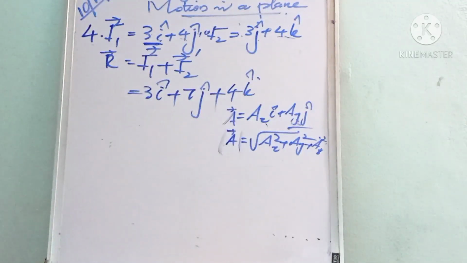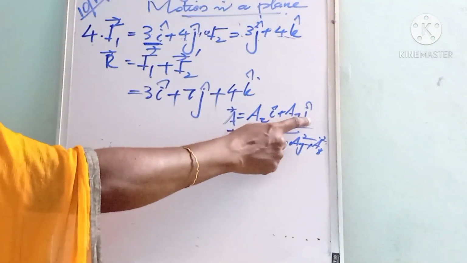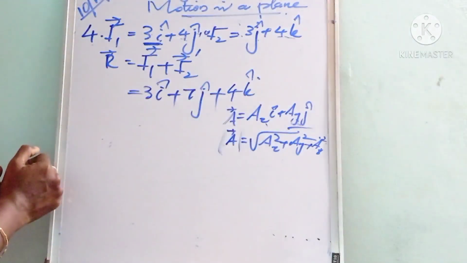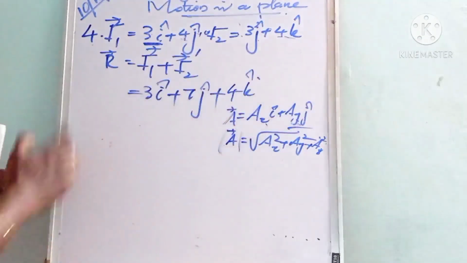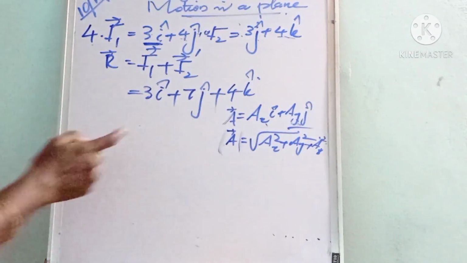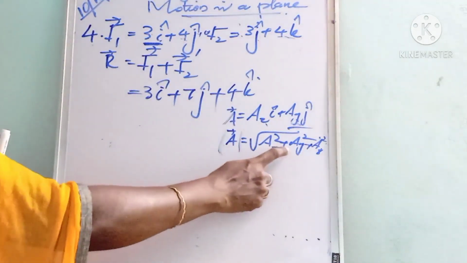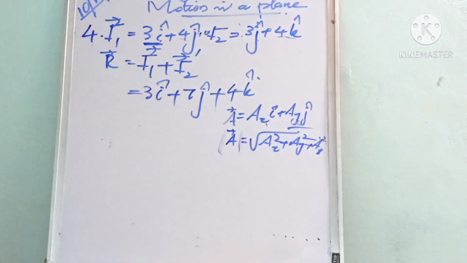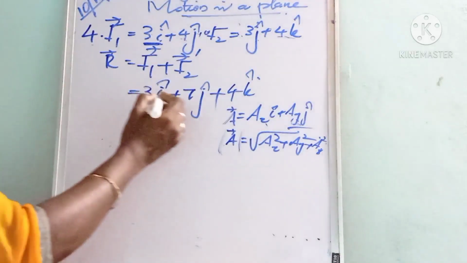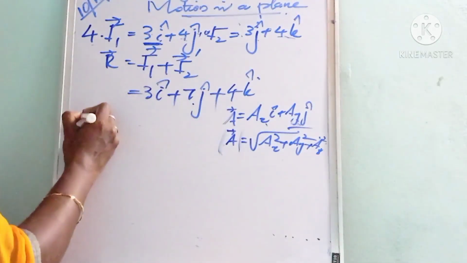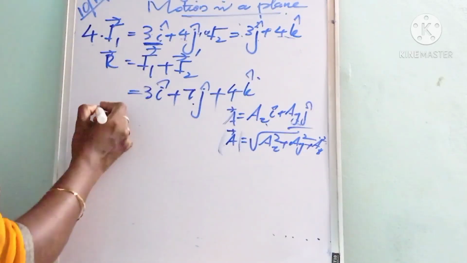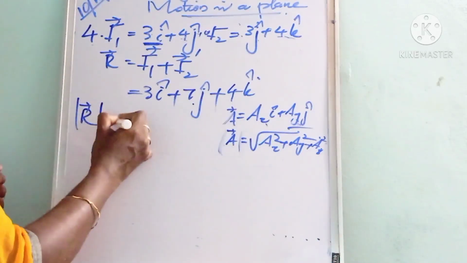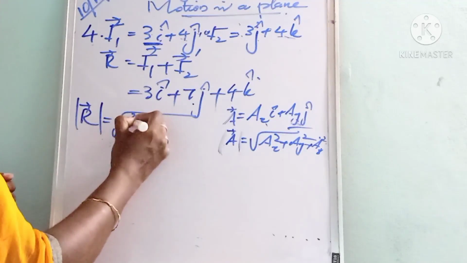If a third axis is involved, we take the component along the z direction also, so after Ay j we write Az k. The magnitude is then root of Ax square plus Ay square plus Az square. Similarly, we can write the magnitude of this resultant vector R as square root of 3 square.